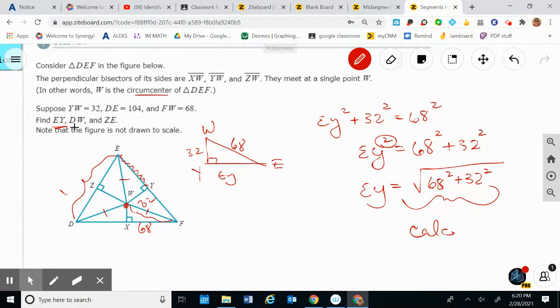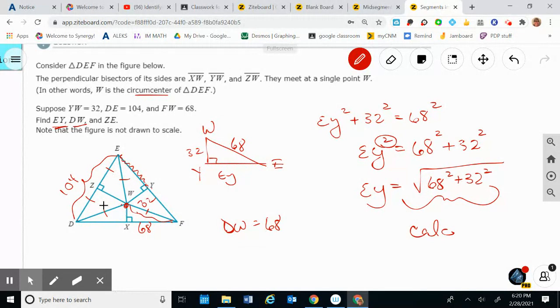What else are we looking for? DW. DW is the same thing, so DW is 68. It's the radius of the circle that could be circumscribed. ZE, and by the way, there's no shortcut. Sometimes you just have to learn stuff.